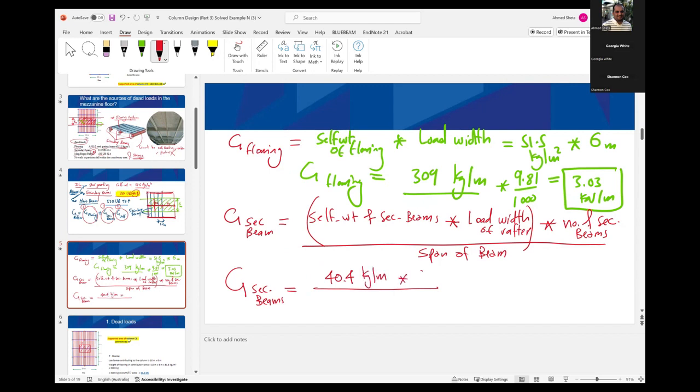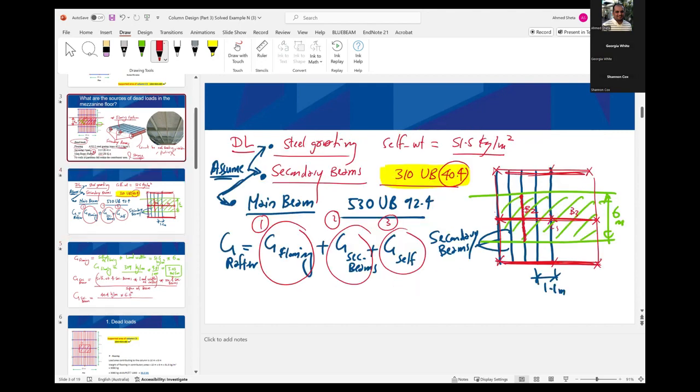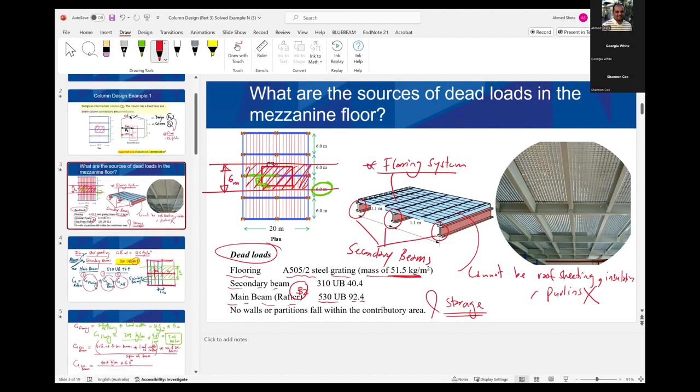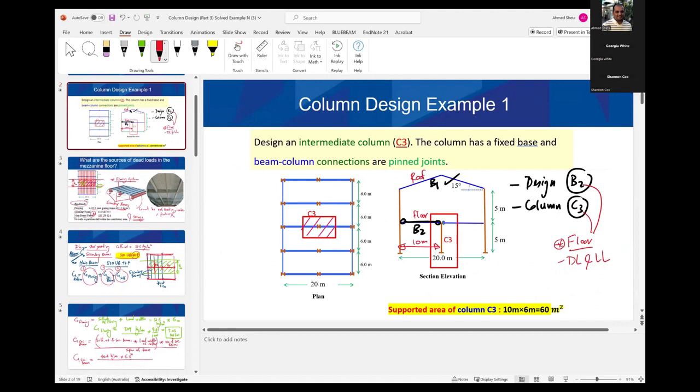How much is the load width? 6 meters. How much is the beam span in this case? 10. If you see here, the beam span is 10. So the beam span is 10.